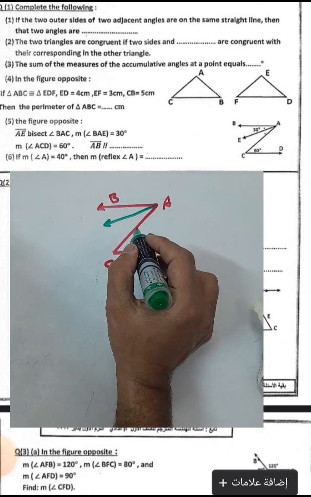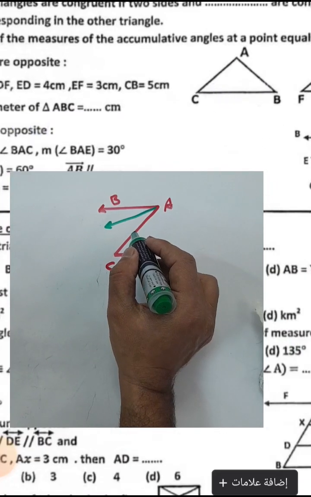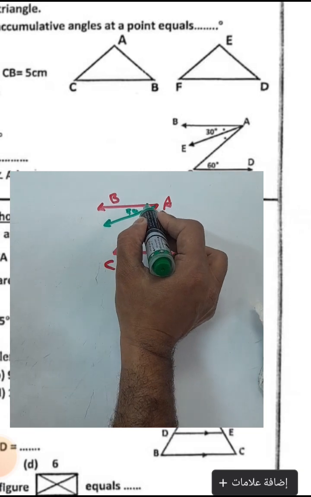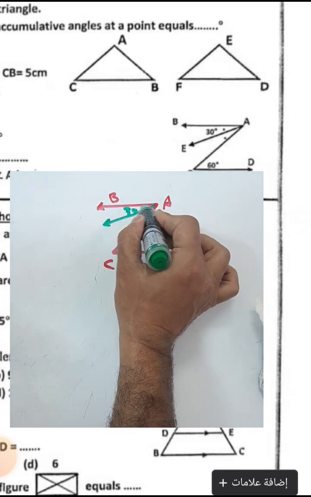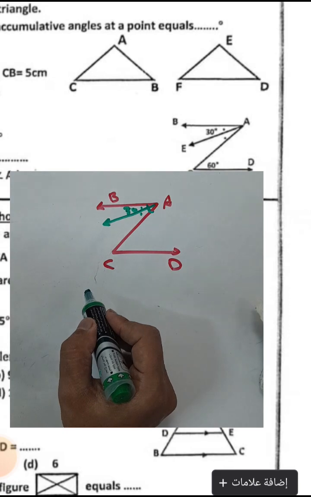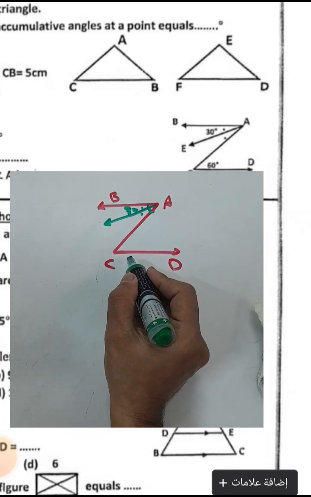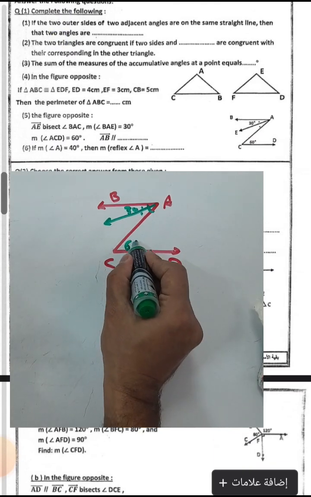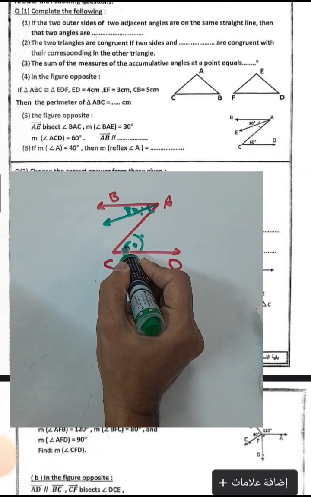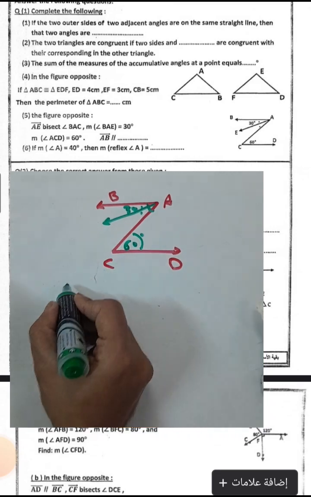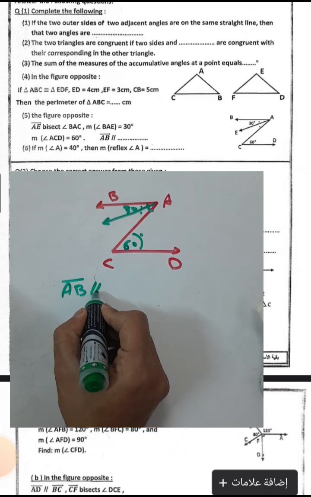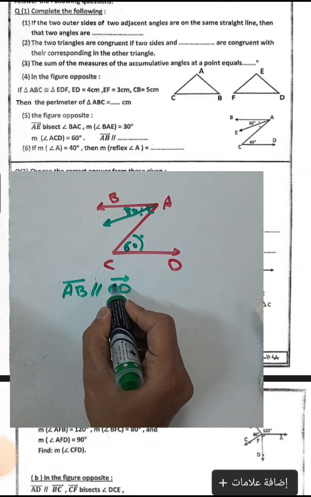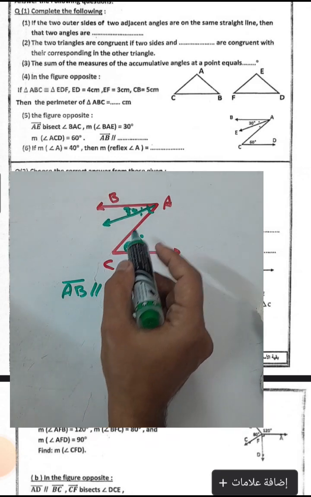The first angle here was 30 degrees, and this bisector makes two equal angles, which gives us this angle as 60 degrees. The measure of this angle was 60. You want to write complete: AP is parallel to what? AP parallel to CD. Why?